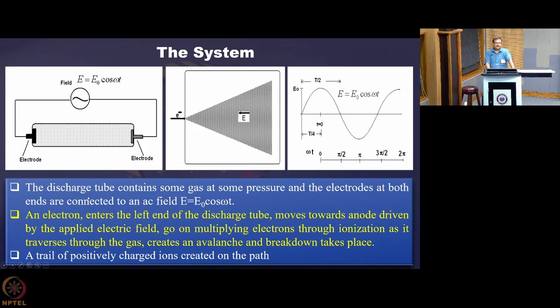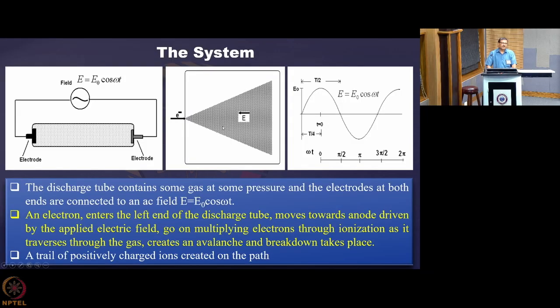Okay. So an electron which enters the left end of the discharge tube moves towards the anode driven by the field, and in doing so, it goes on multiplying the electrons through ionization as it travels through the gas. Okay. So a trail of positively charged ions is created on its path. Why am I saying that there is a trail of positively charged ions?